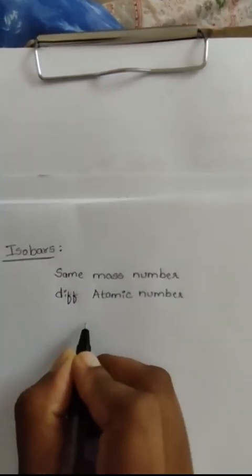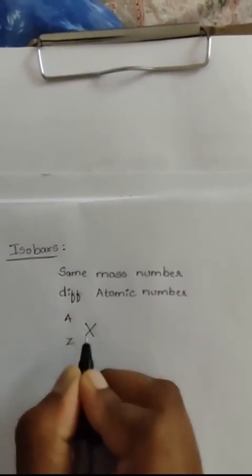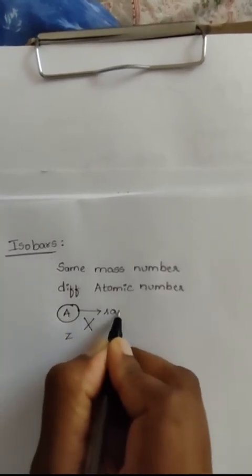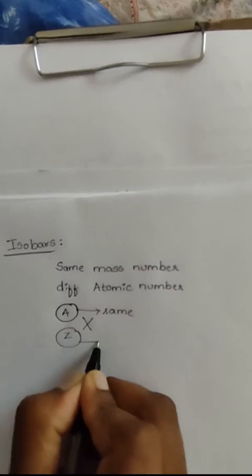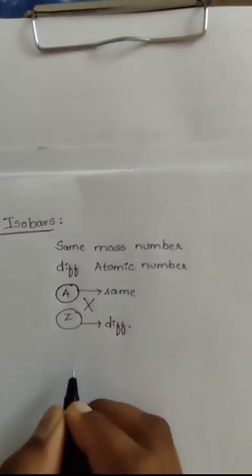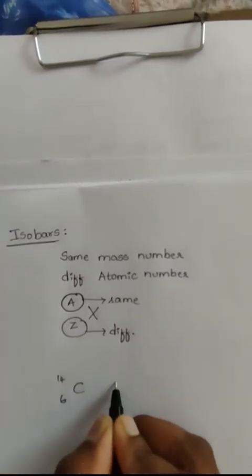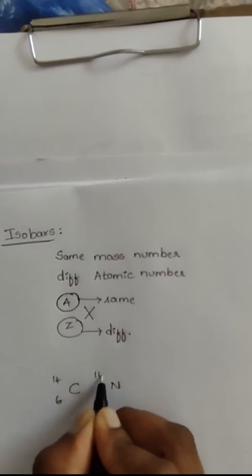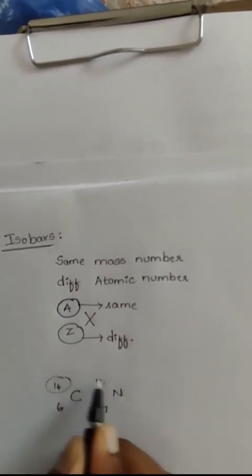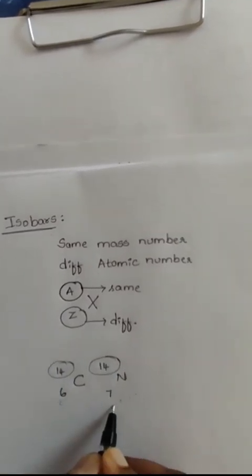If we write the composition as X, A, Z, they will have the same mass number and different atomic number. For example, C-14 with atomic number 6 and N-14 with atomic number 7. These are isobars. They have the same mass number but different atomic numbers.